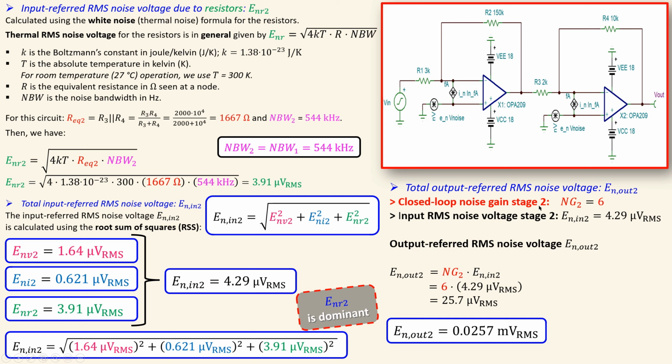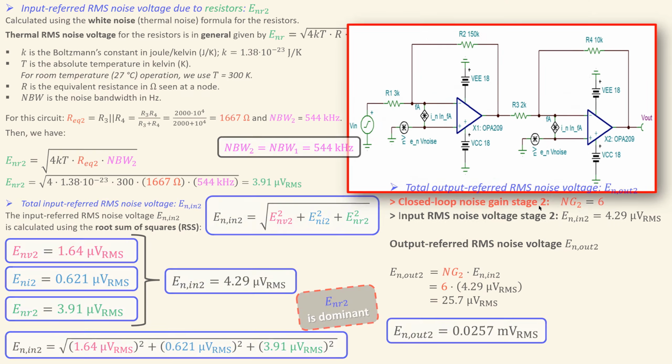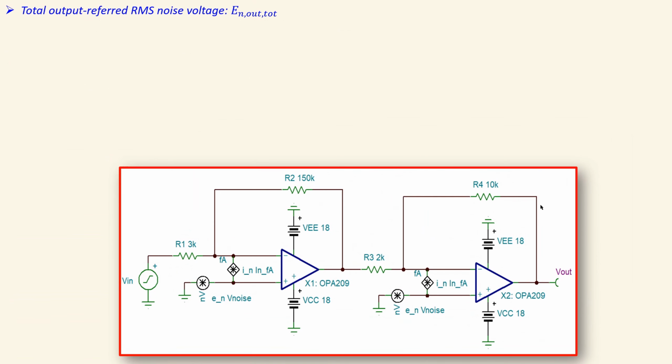Now we have the necessary elements for each stage. Now we can calculate the total output referred RMS noise voltage. So that is the next step. The total output referred RMS noise voltage is this expression. Now we have this formula. This is the contribution due to the first stage only, and this is the contribution due to the second stage only. And then we again use the root sum of squares formula to calculate the total output referred RMS noise voltage.